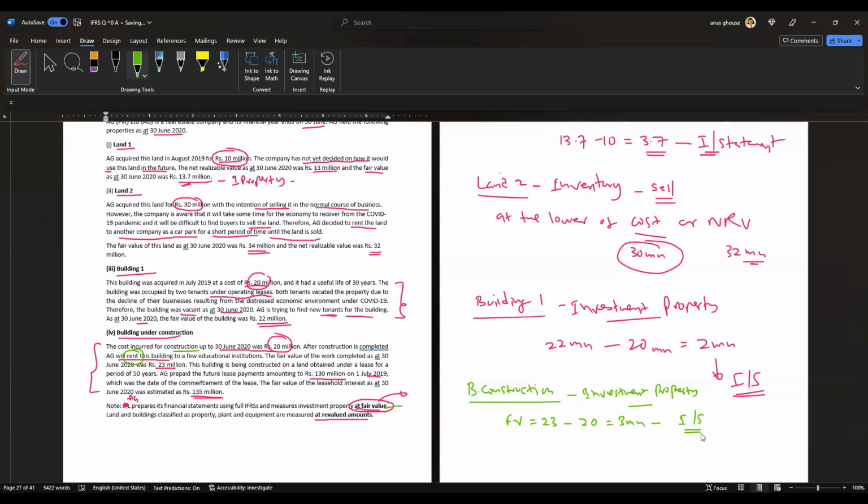Okay. Apart from that, the land on which the building was constructed also meets the definition of investment property, since the property will be used to earn rental income. This land obtained on a lease is used to earn rental income. So therefore, this land also should be considered as investment property.